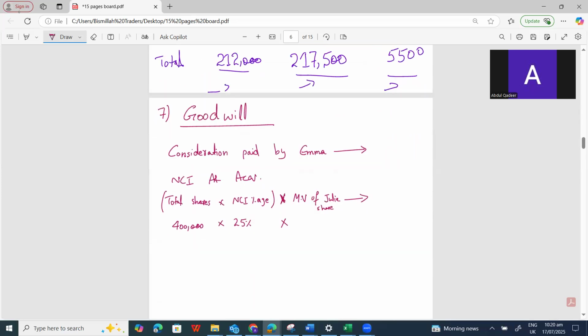When we calculate this, 100,000 multiplied by 0.50 is equal to 5,000.